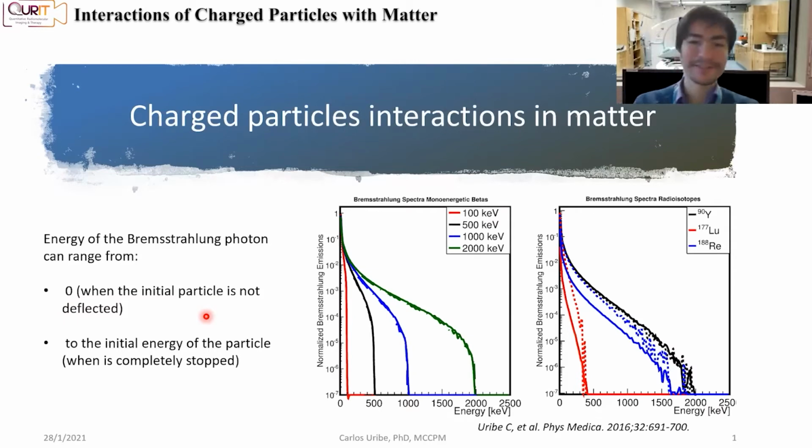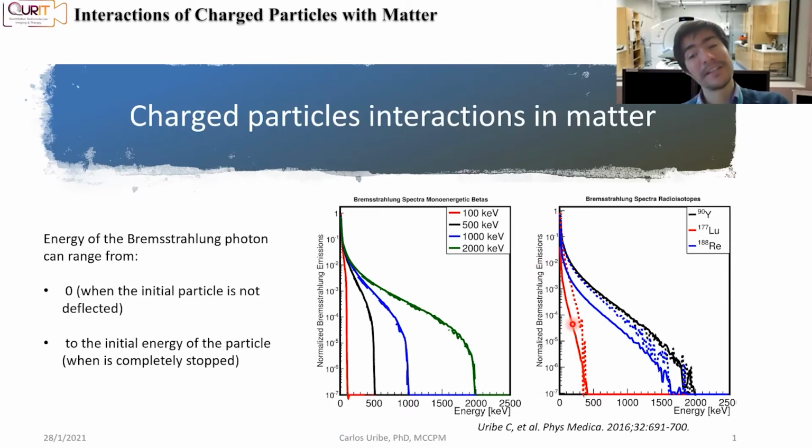The interaction is very, very weak, basically nothing, so the particle doesn't lose energy. Or the particle can be completely stopped, so then the Bremsstrahlung photon takes all the energy of that initial particle, but it can be a lot in between. Just keep in mind this is a logarithmic scale on the y-axis.